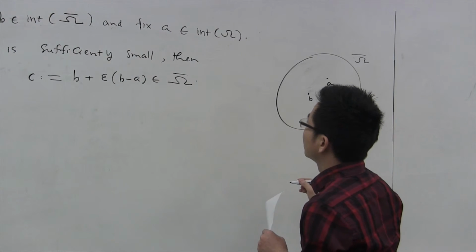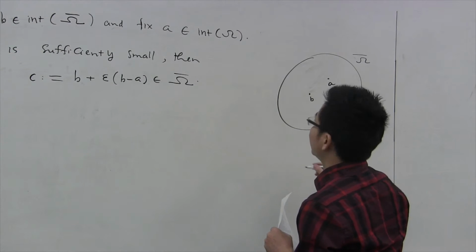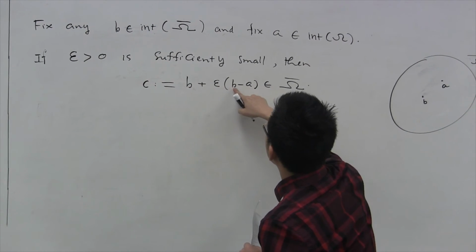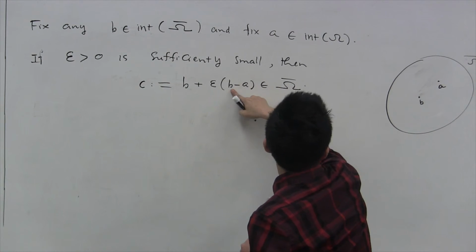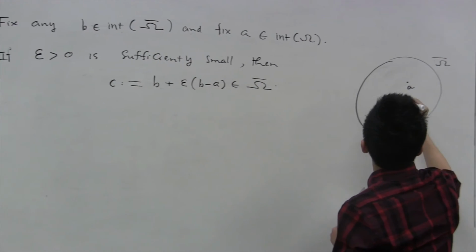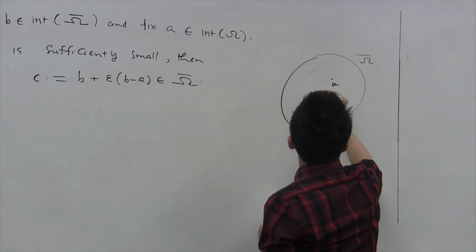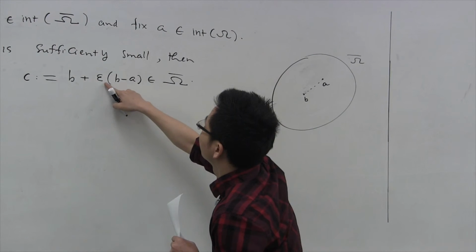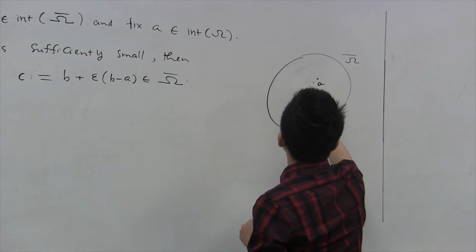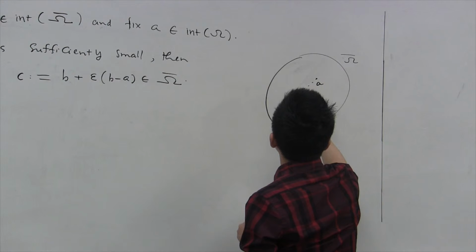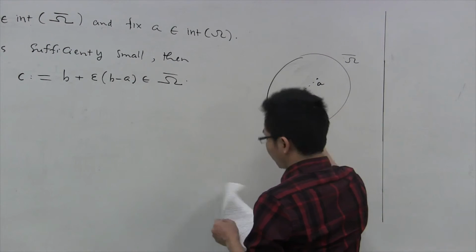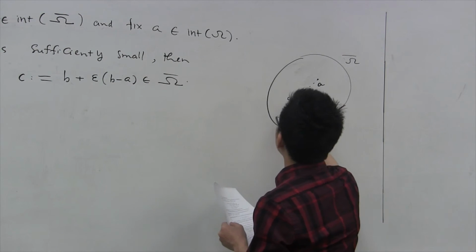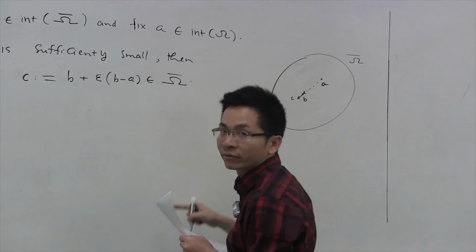So if we take B and we add epsilon times (B minus A), then we still have an element C that is still in the closure of omega.